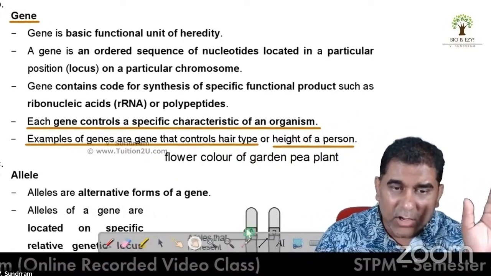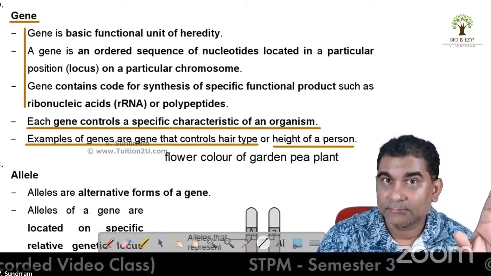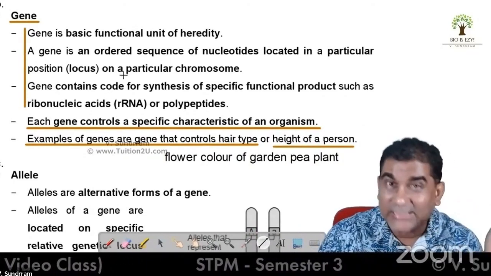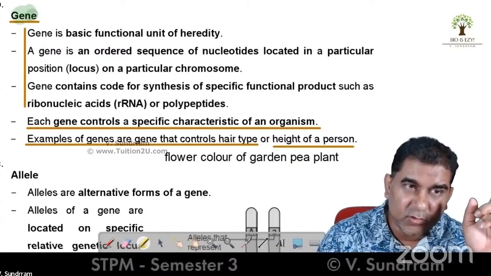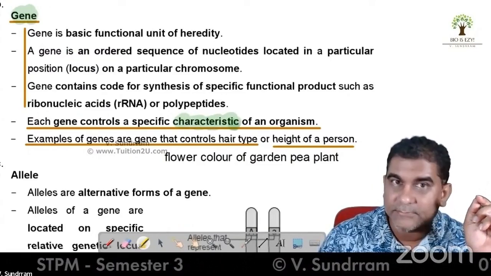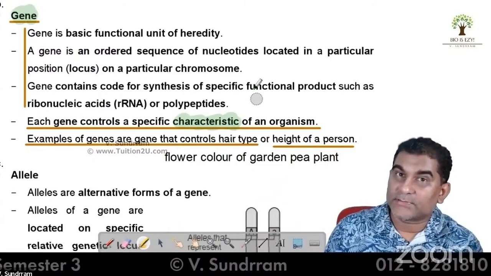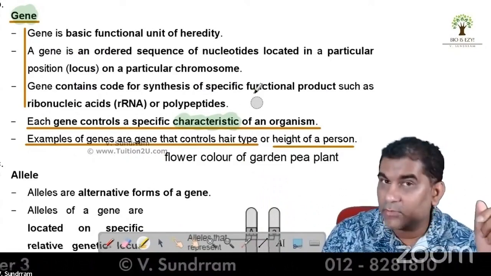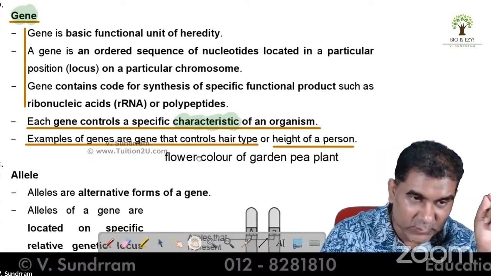So all of this, yang ini semua you will learn later. All of this later you learn. At the moment, what you know, gene controls characteristic. But gene got different forms. The different forms are known as alleles.